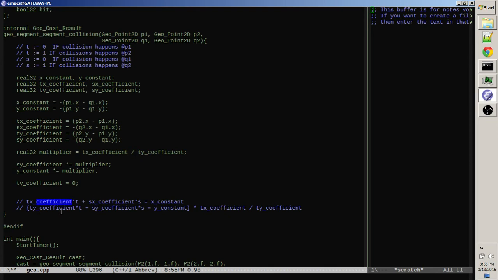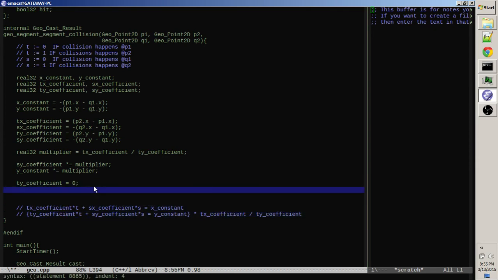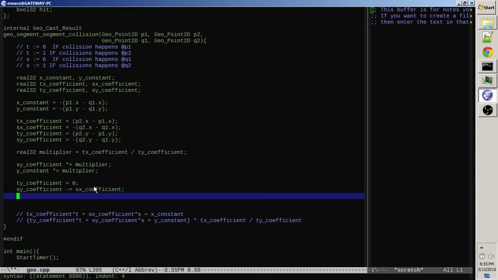And since after multiplying this by this multiplier it's going to be tx coefficient, we know that one is going to 0. That's the whole goal here. Then what is the sy coefficient? Well, we take this and we subtract the sx coefficient. What about the y constant? We take it and we subtract the x constant.